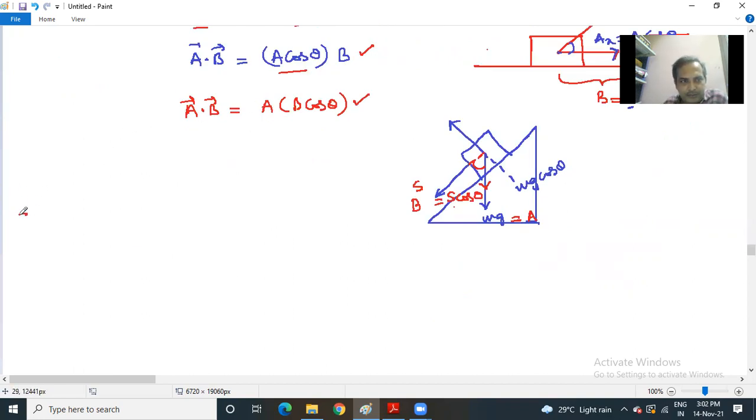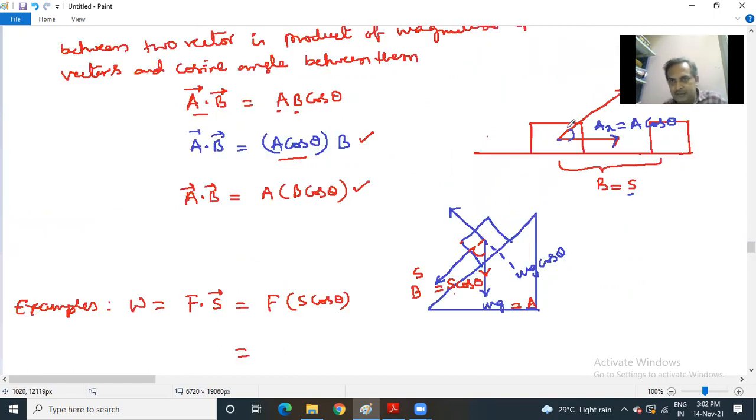What are the examples? First is work done. Work done equals F dot S. It means F S cos theta, in the case of a body moving down along a rough inclined plane, or else this can also be.